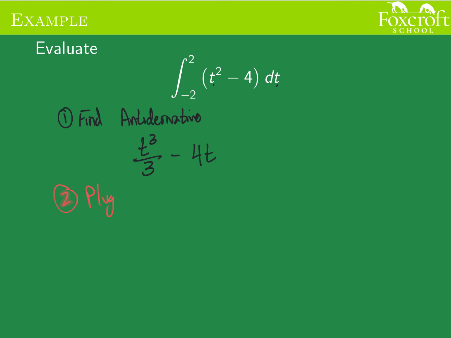All right, then we go into the next step. We're going to plug in our top bound. So in this case, we're going to take 2 and plug it into this antiderivative we just found. So we're going to do 2 cubed over 3 minus 4 times 2, which is 8/3 minus 8. Then our third step, plug in our bottom bound.